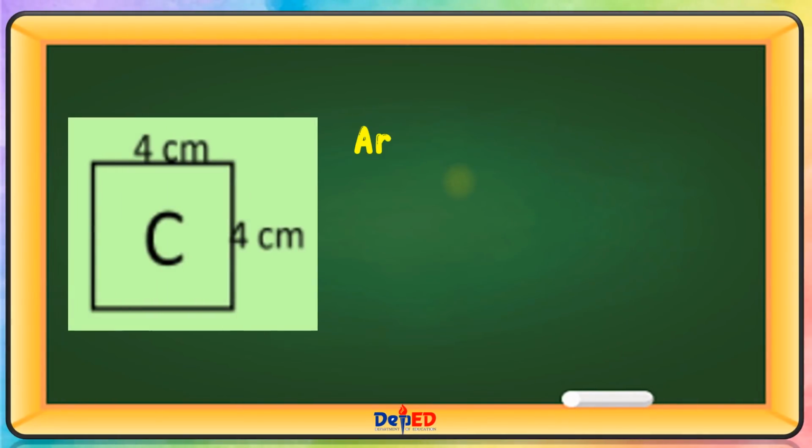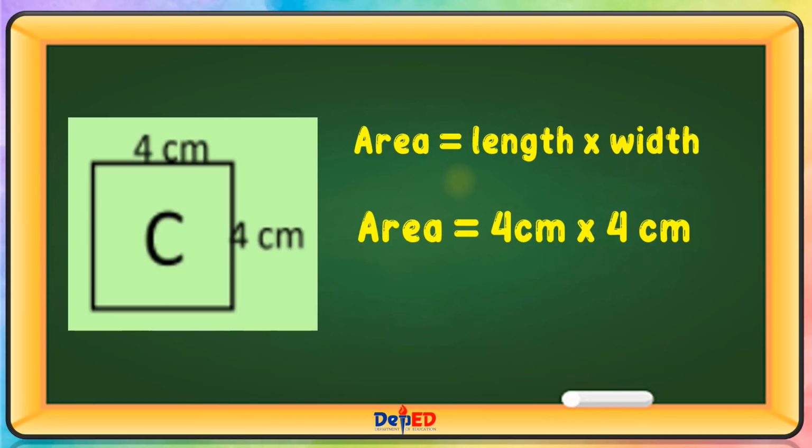The formula of an area is length times width. 4 cm times 4 cm equals 16 centimeters squared.